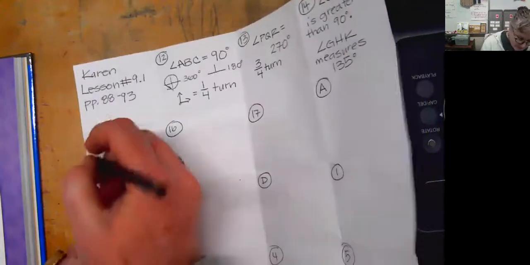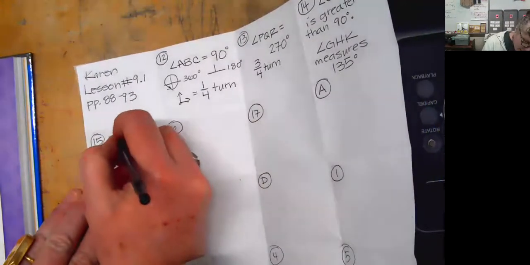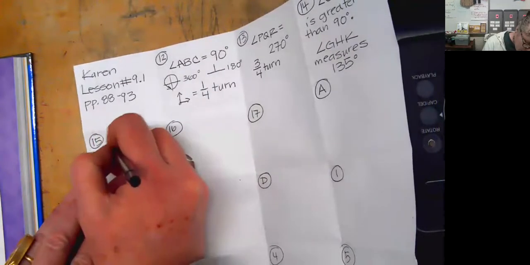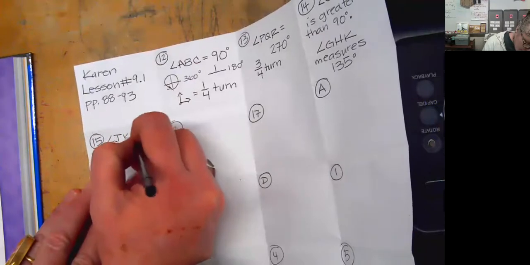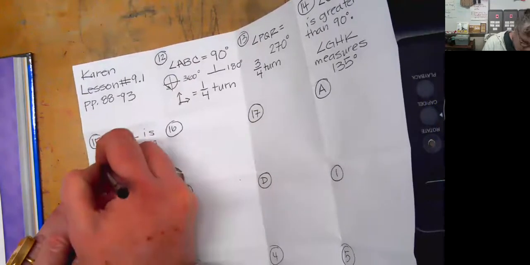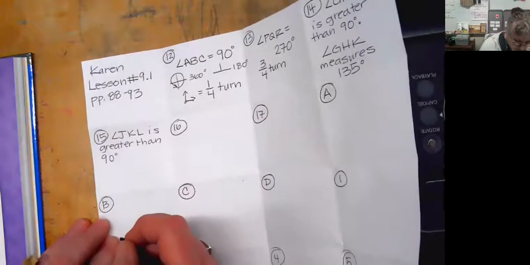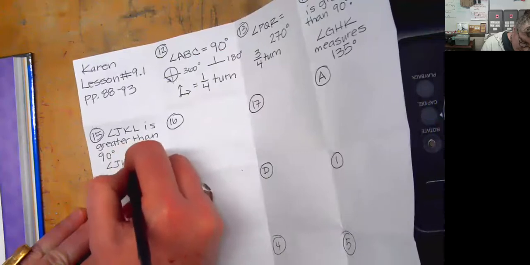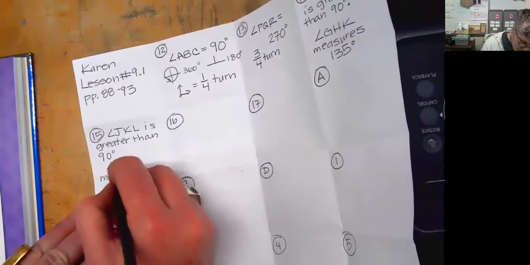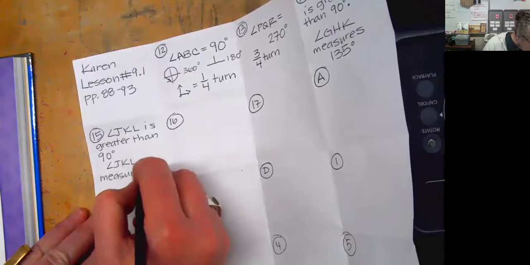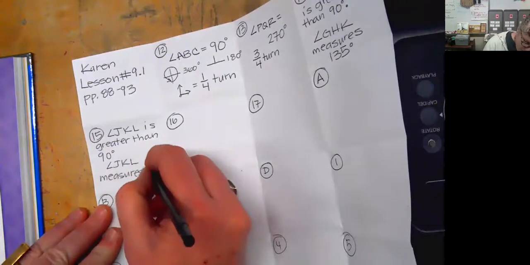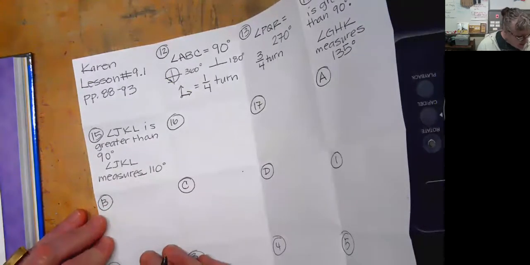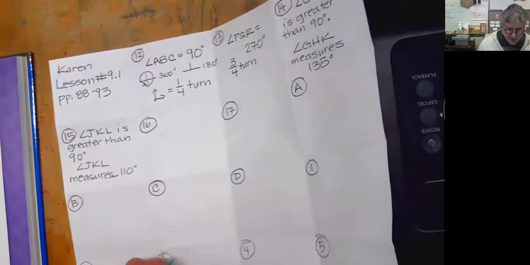And we're going to say angle JKL is greater than 90 degrees. And angle JKL measures 110 degrees. Okay, pretty good. Now let's look at 16.